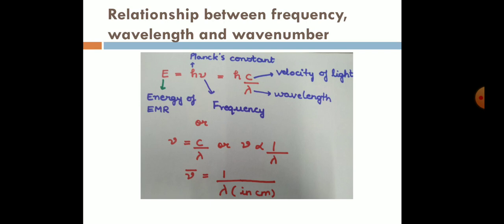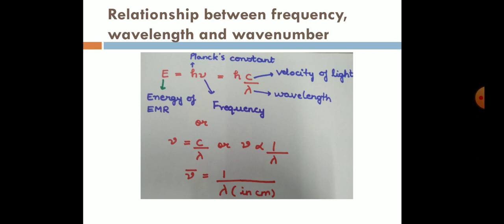So we see that energy of the electromagnetic radiation is directly proportional to the frequency of the radiation and inversely proportional to the wavelength of the radiation. So it means that if the energy of electromagnetic radiation is high, its frequency will be high, but its wavelength value will be low.